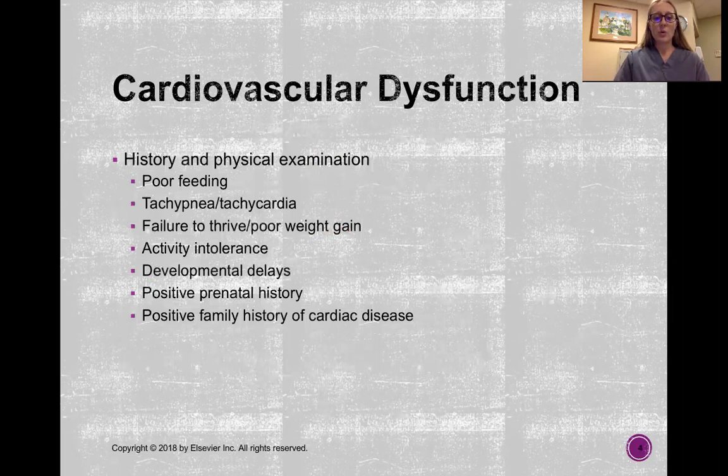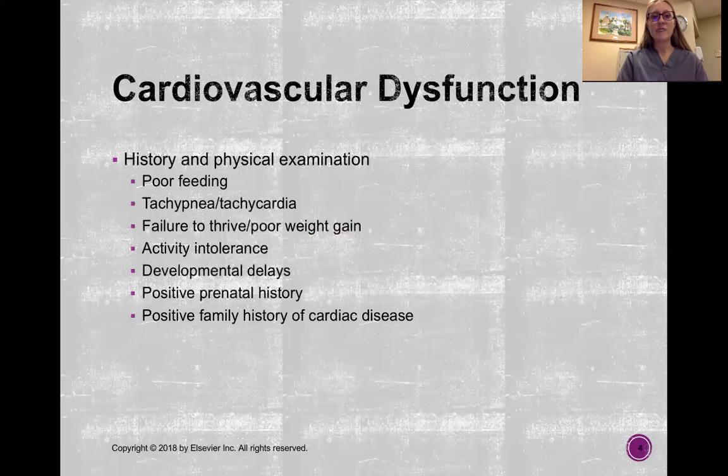So what are we looking for when we're looking for cardiovascular dysfunction? We're really looking at a variety of different things, and some of it is really similar to the adult patient, but we're looking for poor feeding, tachypnea and tachycardia, failure to thrive with poor weight gain, and that's going to be for your infants.